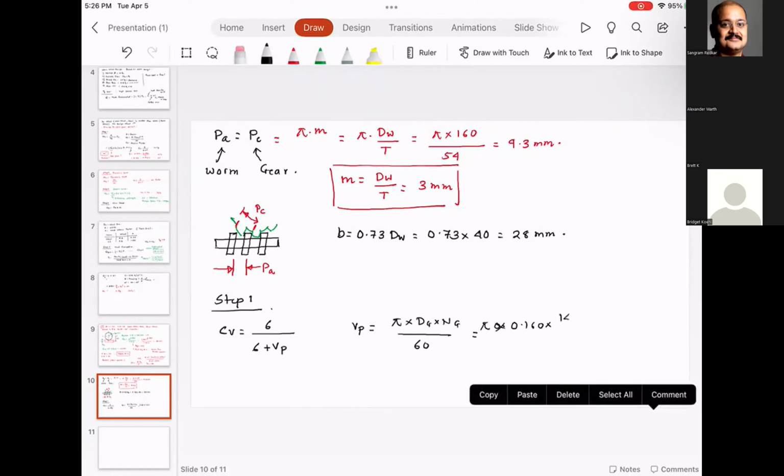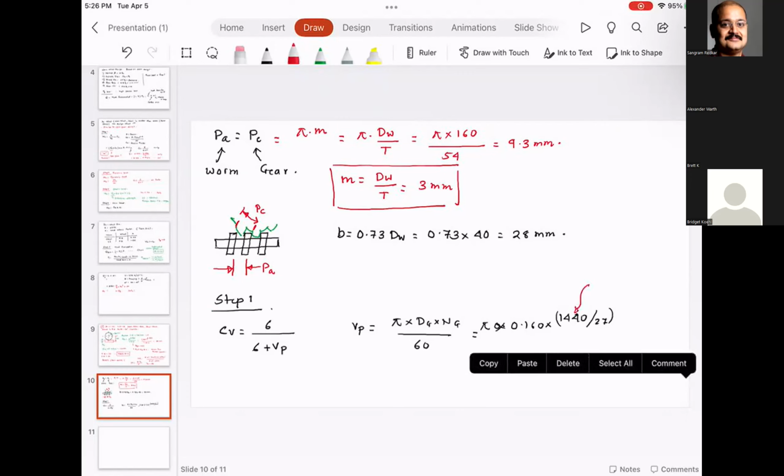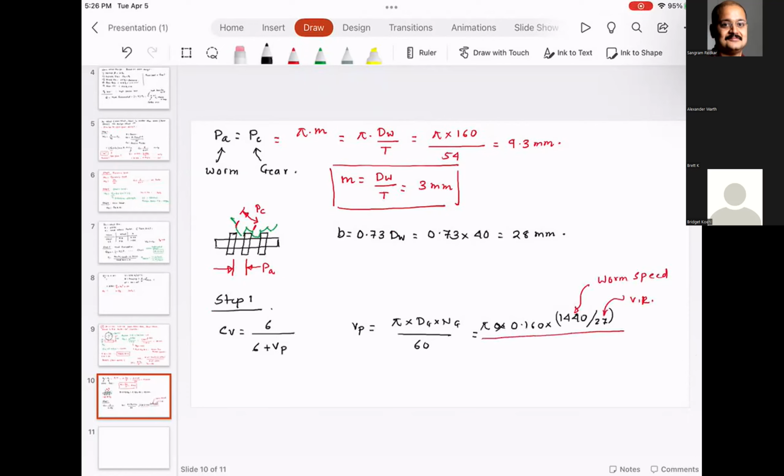Speed is 1440 divided by 27, because this is the speed of the worm and this is the velocity ratio. So divided by 60, and that will give you meters per second. Substitute this, and you are going to get 0.93.